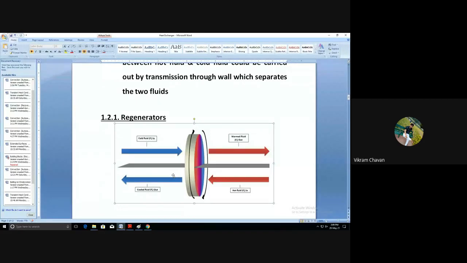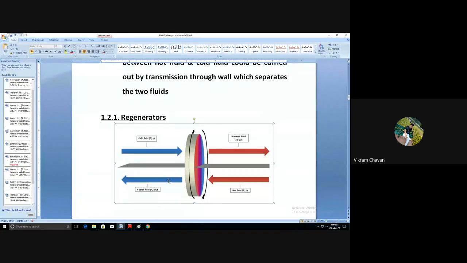Hot fluid is flowing from this side, which will exchange heat with the matrix, or porous structure, which has high heat capacity, so that structure will absorb the heat from the hot fluid.